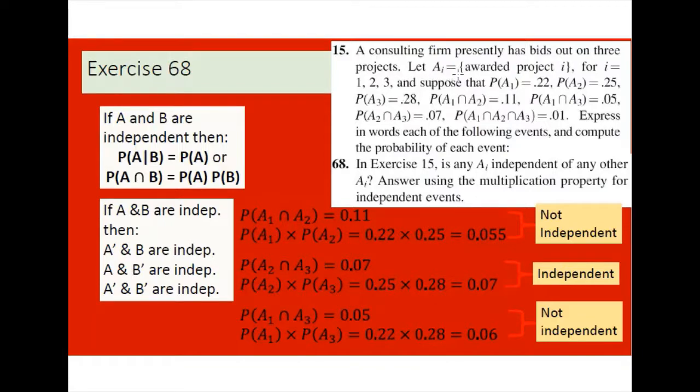Let Ai be awarded project i, for i from 1 to 3. So the probability of A1 is 0.22, and likewise for A2 and A3, and we have the probability of A1 and A2, A1 and A3, A2 and A3, and A1, A2 and A3. Now we want to see if they are independent or not.